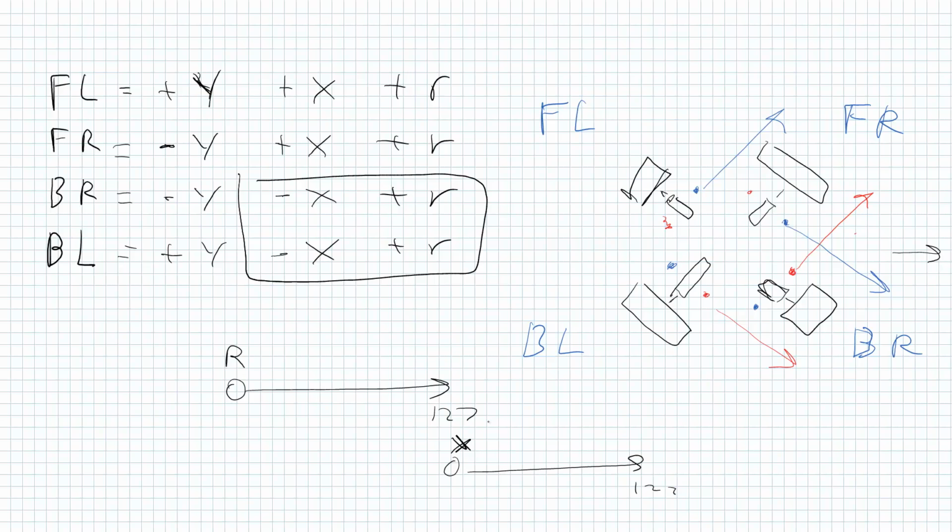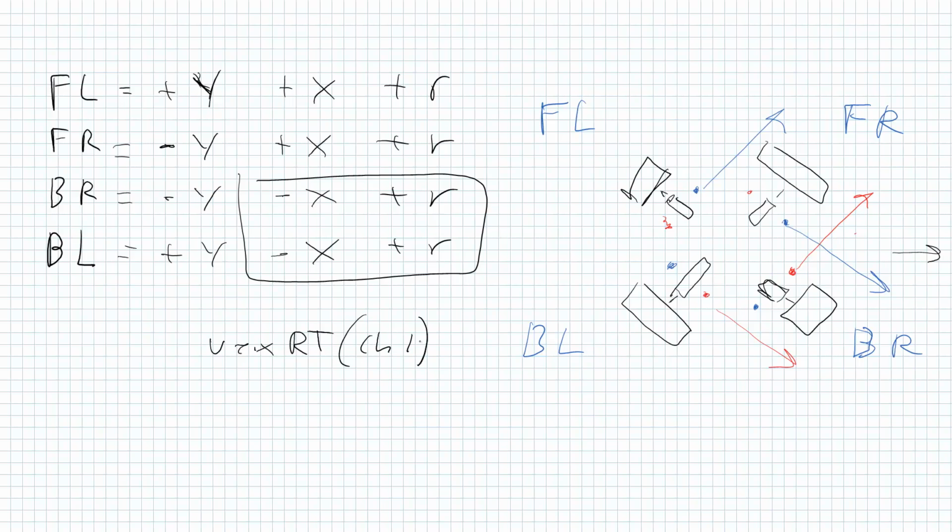So one simple way you can stop this phenomenon from happening is, as I mentioned earlier, to set R equal to maybe 1/2 of the actual joystick value or something along those lines. Keep in mind that this R value is going to be the actual value of the joysticks. So in some packages it may be like VexRT, channel 1, or whatever, so these may end up being function calls.